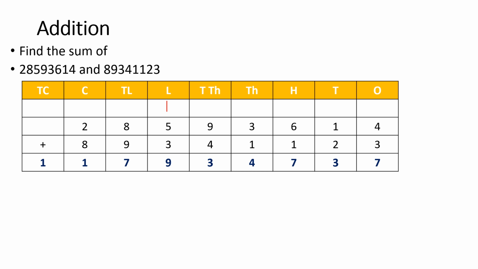Then 8 plus 9 is 17. We will write 7 here and 1 will be carry. And 2 plus 1 is 3, 3 plus 8 is 11. So we will write 1 here and 1 on this place. So it is our answer, that is 11 crore 79 lakh 34,737. So in this way we will perform addition on large numbers.